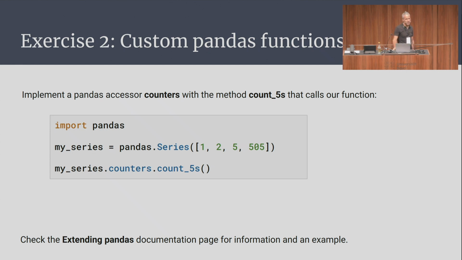So yeah, I didn't provide much information here, but you have this page on extending pandas. I assume with any search engine that you use you should be able to find it. I don't know, maybe if you're based in the south of China, you find something about animals, but I assume for you it should be pretty easy to read our documentation and see an example on how this is implemented.